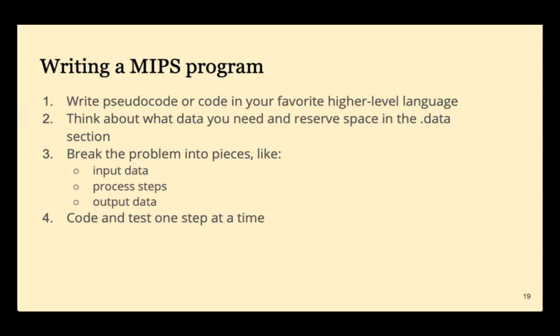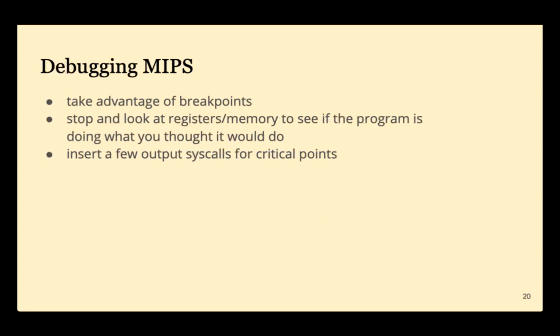What you don't want to do is type in 100 lines of assembly code and then expect it to work. For debugging, you can take advantage of breakpoints as well as single stepping. And you want to stop and look at registers in memory to see if the program's doing what you thought it would do. It also wouldn't hurt to insert a few syscalls for output at critical points.